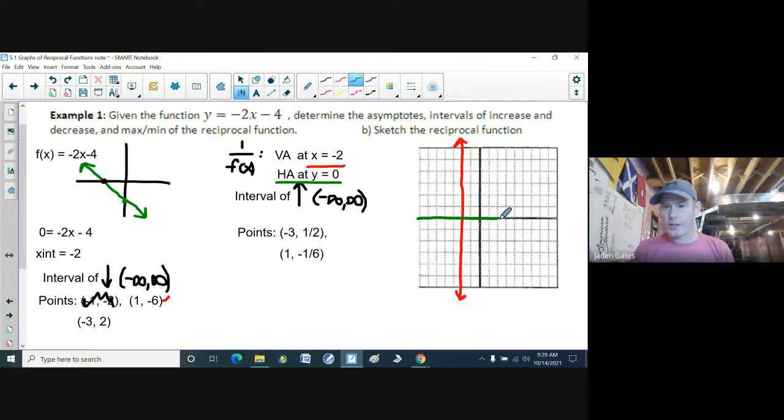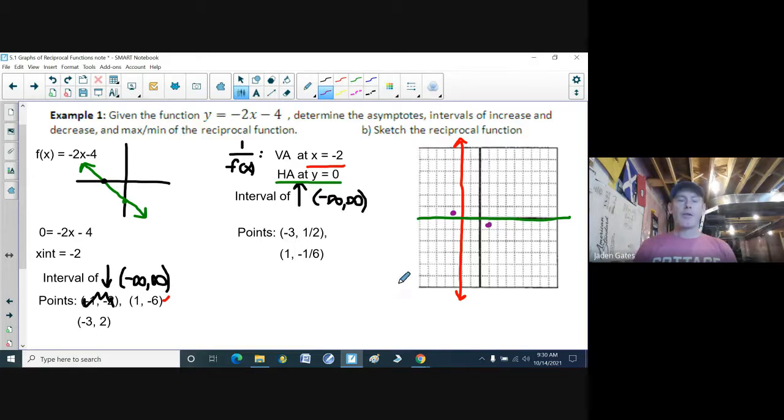Just like this. Now I've got my points, and I'm going to plot them. My points are -3, 1/2. And then I have 1 way over here. I didn't have to go that far, but I did. -1/6 right in here.